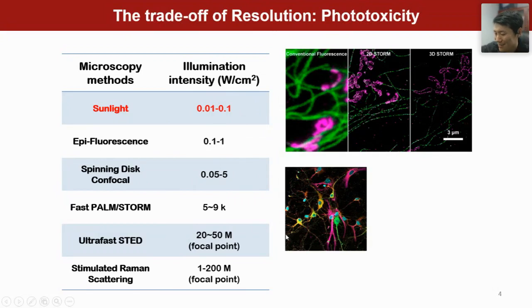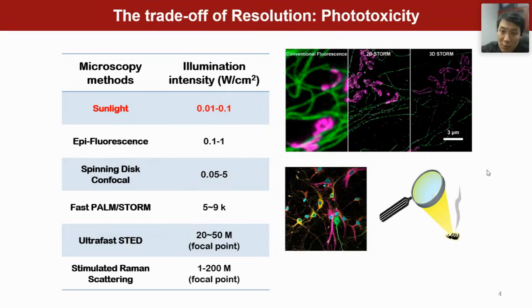One day I suddenly remembered that when I was a boy, maybe at the age of 10, I used a magnifier to burn ants. Then I realized now I'm doing my PhD study, I'm essentially doing the same thing. I still use a strong light and focus it to burn a living creature. So at that time, I began to appreciate that phototoxicity may be the next fundamental limit of bioimaging.